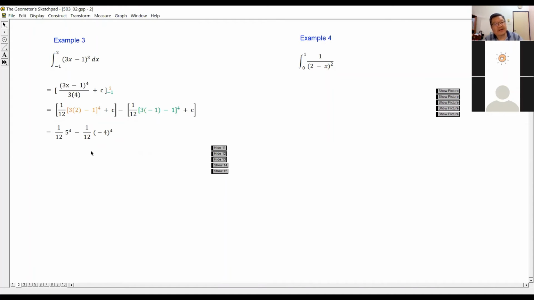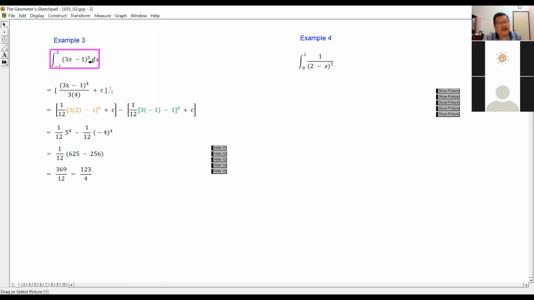After this you can use your calculator. So it is 625 minus 256. The 12 you get is a common factor you can take out. So finally the answer is 123 over 4. What I want to show you here is not only the ordinary type of function where you can differentiate one by one, you can perform definite integral.